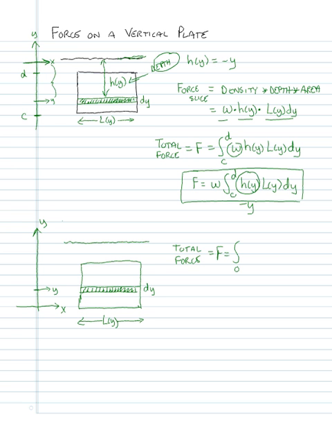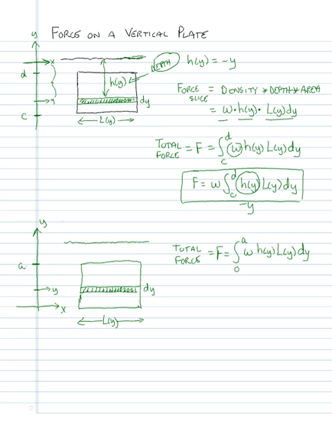And it depends, of course, on how tall this object is, but we'll say that this value is A. So this position is A, and we would integrate from 0 to A. We'll have to figure out what that position is. It would be how tall this vertical plate is. So we'd integrate from 0 to A the density times the height function times the length function dy.